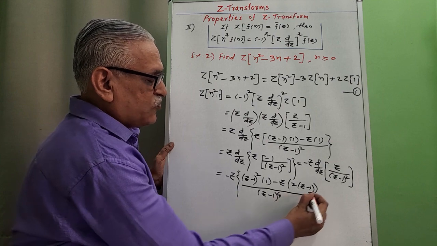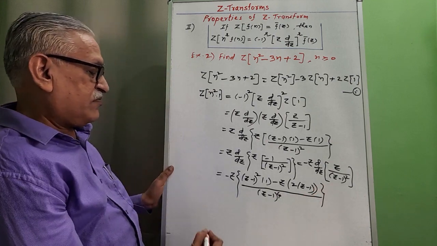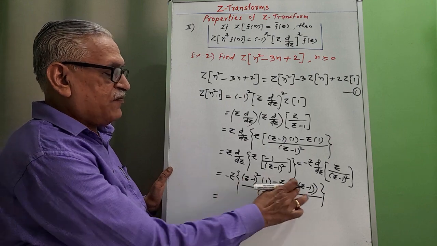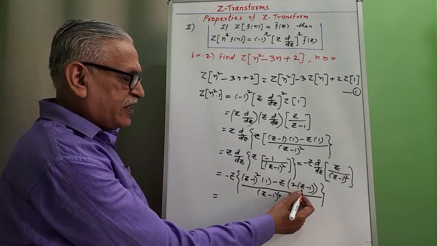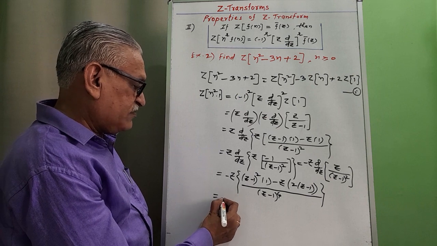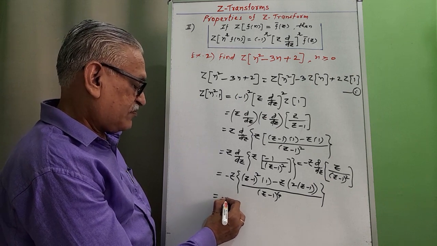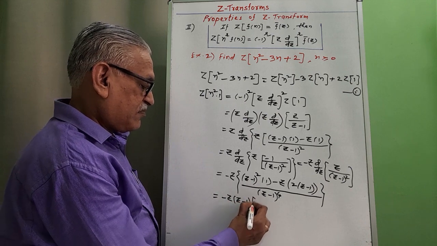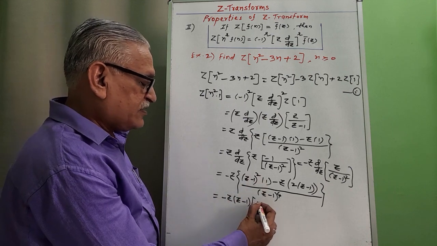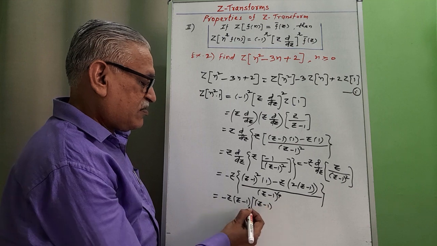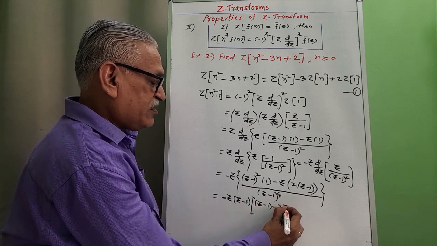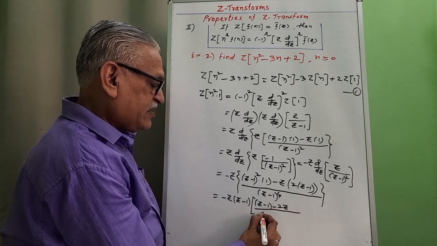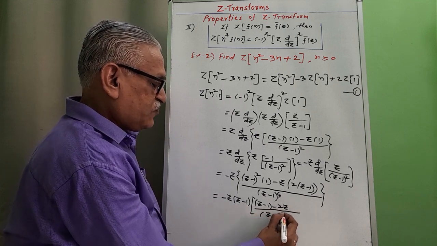Therefore it becomes raised to 4. From these two terms we can take z minus 1 common. Remaining terms are z minus 1 and minus 2z, whole divided by z minus 1 raised to 4.